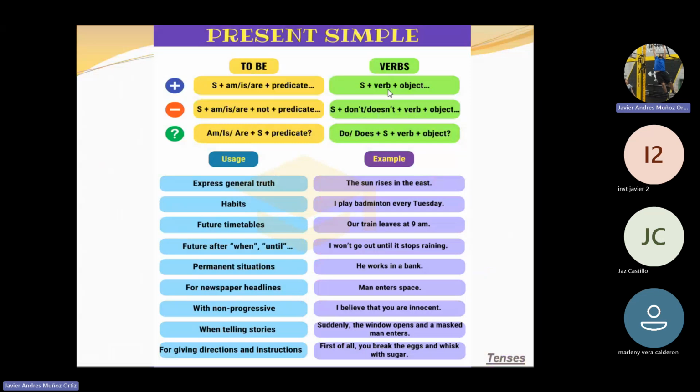One thing is to say, Marcos believes in God, and the past form would be something like, Marcos believed in, I don't know, love. Let's be a little anti-romantic. Or with an irregular verb, I wake up at 7 a.m. versus I woke up at 4 o'clock in the morning yesterday. Wake and woke, because this is an irregular verb.